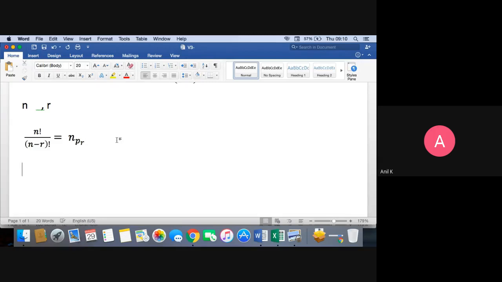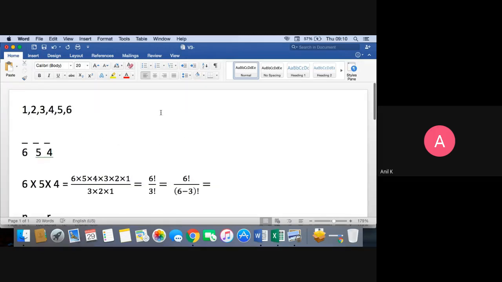Now for the same example, there are numbers 1 to 6, and I want to make again a 3-digit number where repetition is allowed. Okay, if repetition is allowed, the first place will have 6 options, the second place will have 6 options, the third place also will have 6 options.